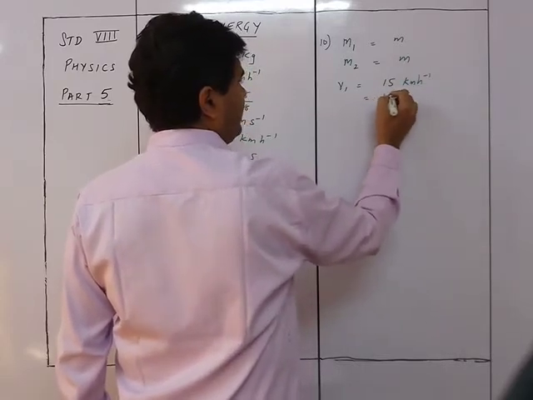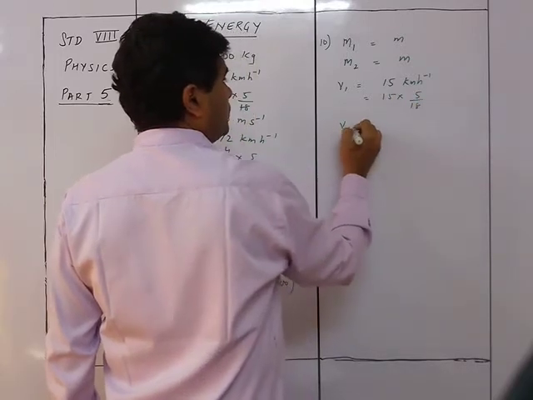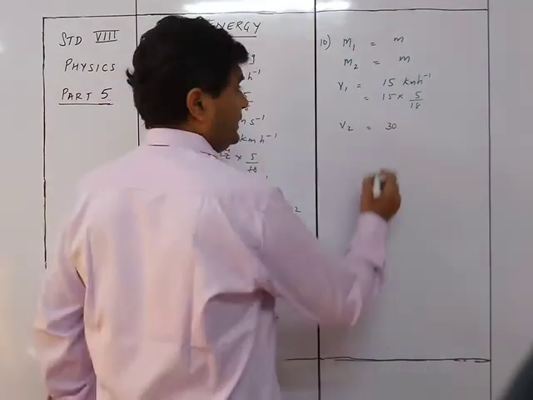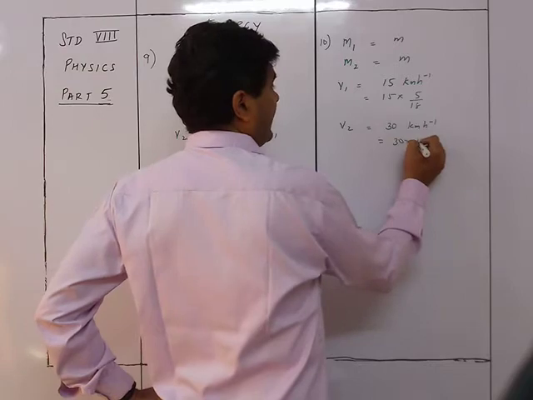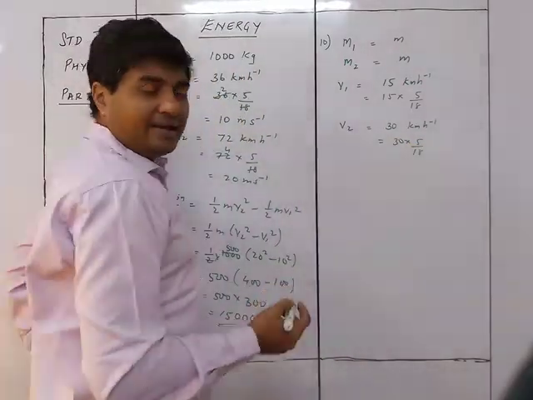that is nothing but 15 into 5 upon 18. And V2 is equal to 30 kilometers per hour, that is 30 into 5 upon 18. So we are comparing the kinetic energies over here.